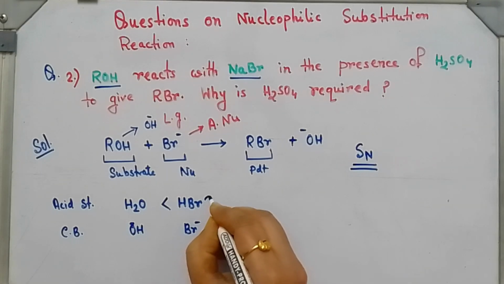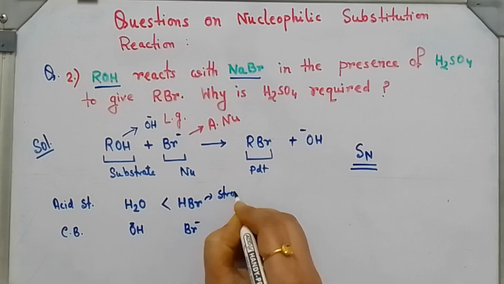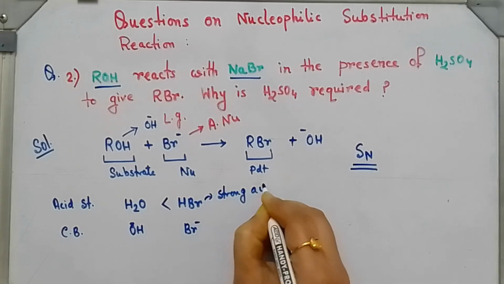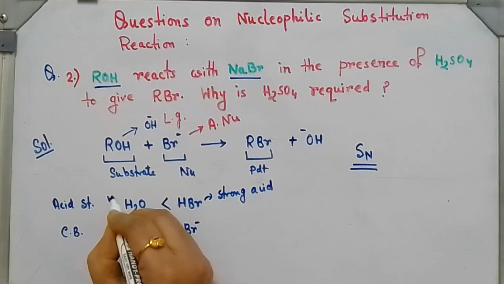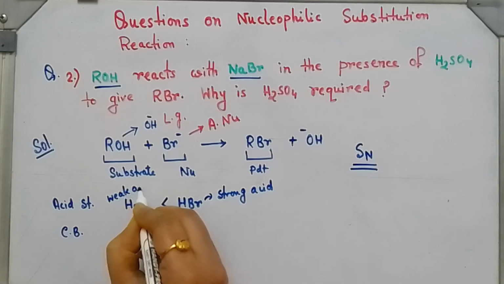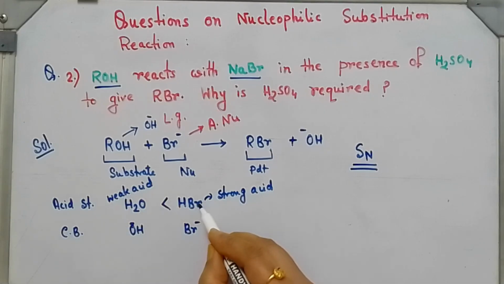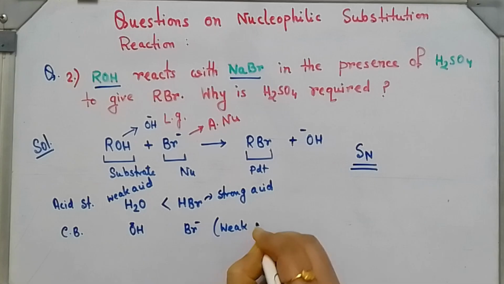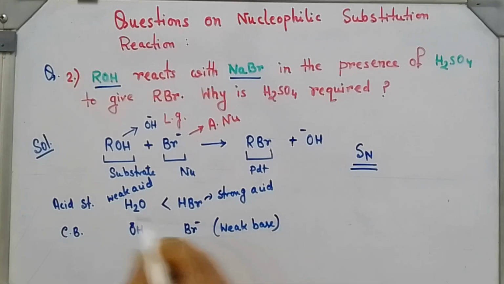Now, since HBr is a strong acid, its corresponding conjugate base is a weak base. And since water is a weak acid, the corresponding conjugate base is a strong base.